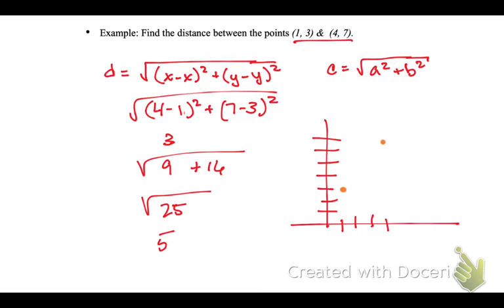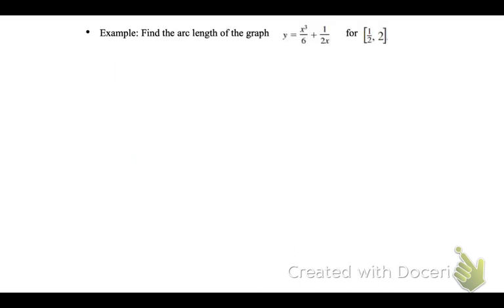I want to know the distance between these two, but I make a nice right triangle. So this is 3, and this is 4. And so it is a 3, 4, 5 triangle. So that's where it came from. I don't really know why I have that there, but okay.